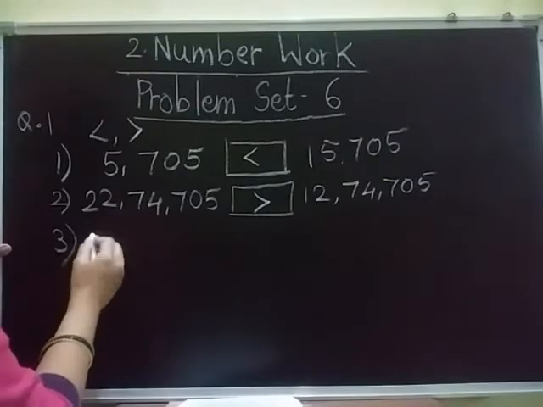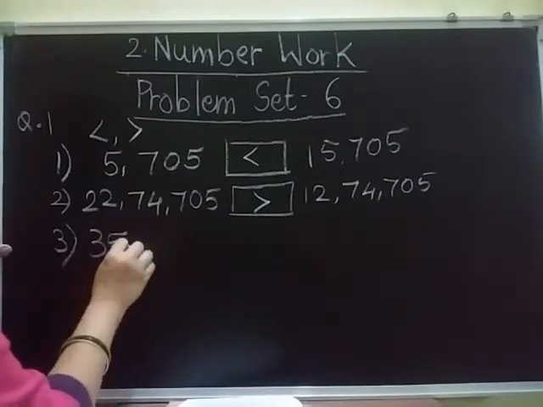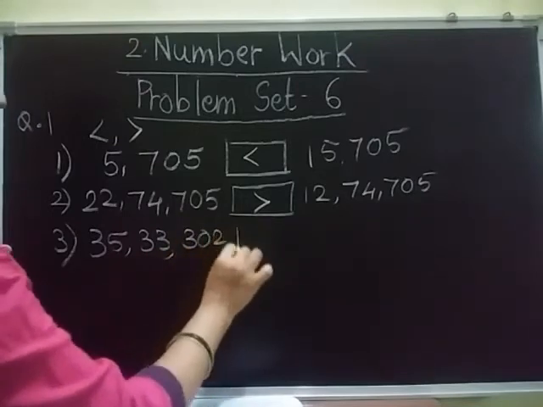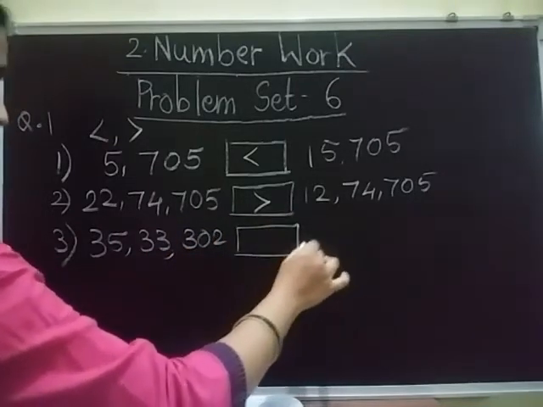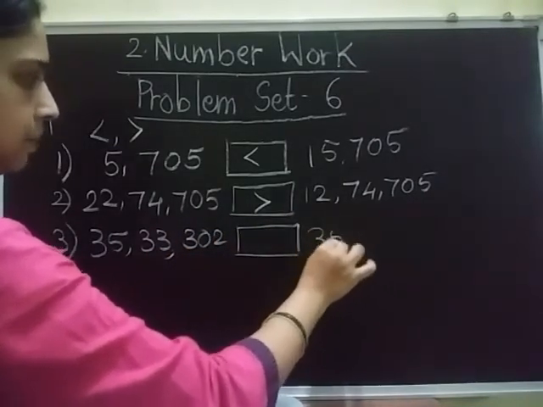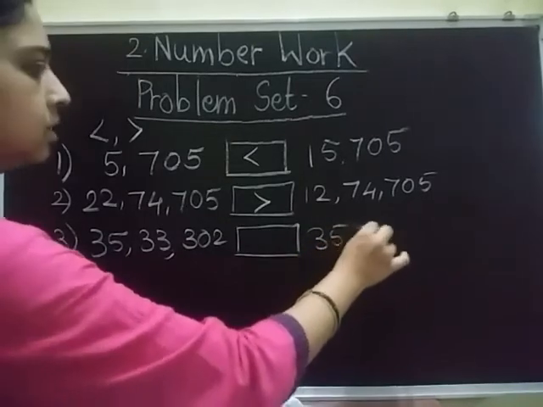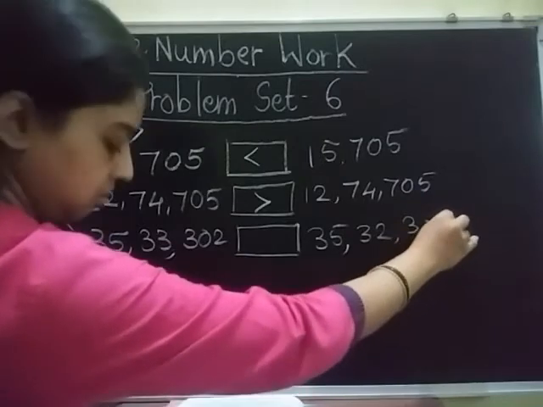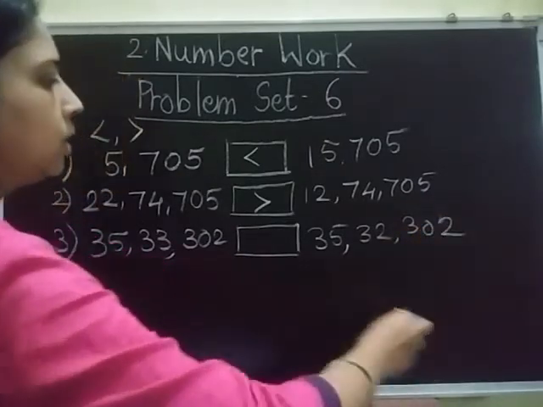Now third one is 35,33,302. But another number is given, 35,32,302. Okay.